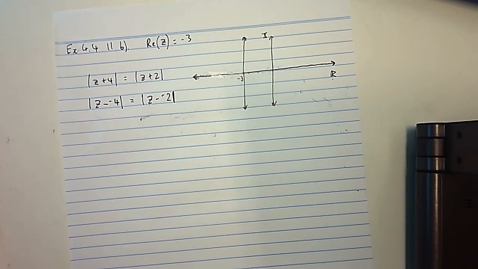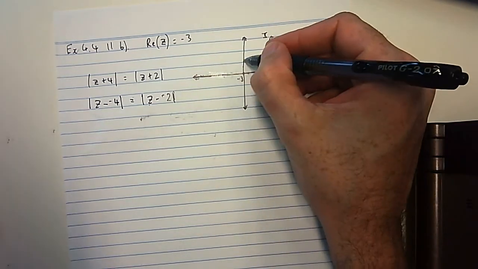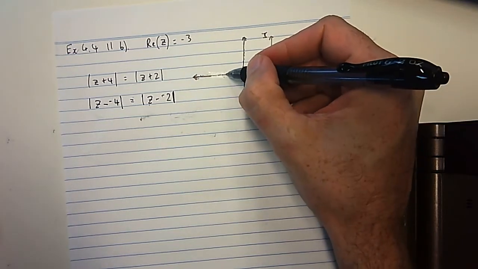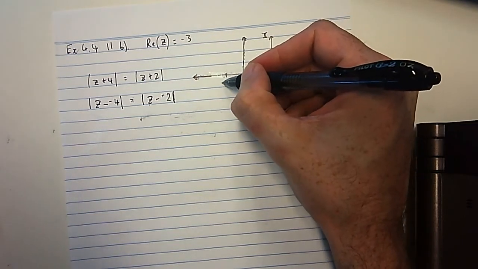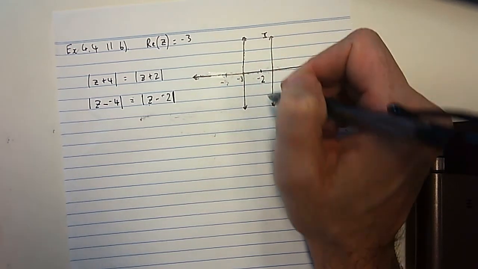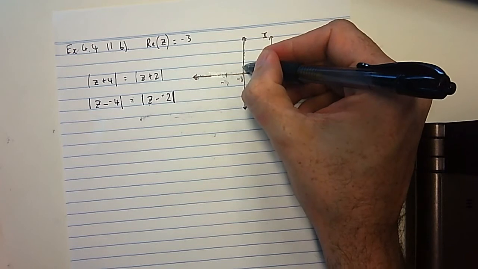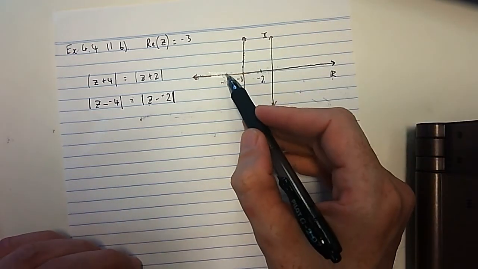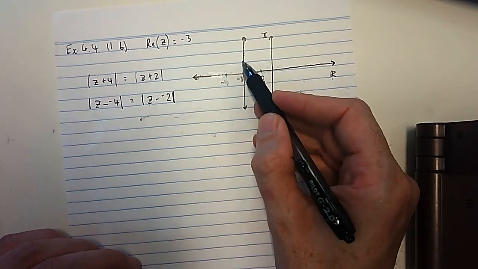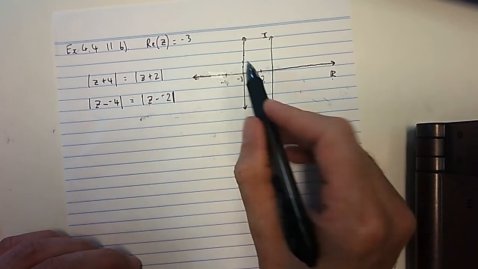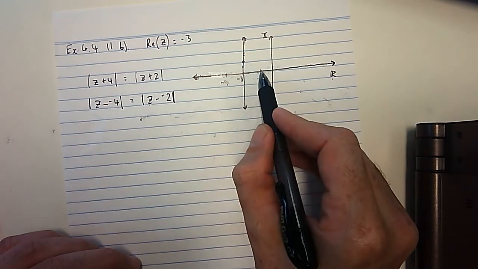So if I look at my values of z, these are my values of z all along here. -4 is here, and -2 is here. For all of these different values of z on this line, the distance from -4 to that value on the line is equal to the distance of this z value to -2.